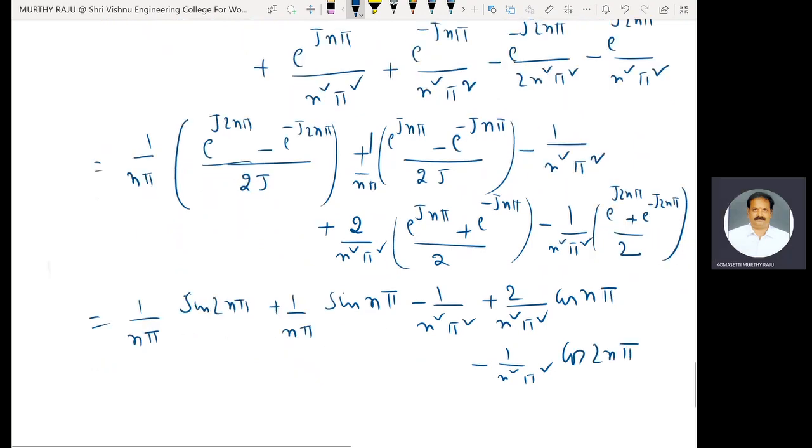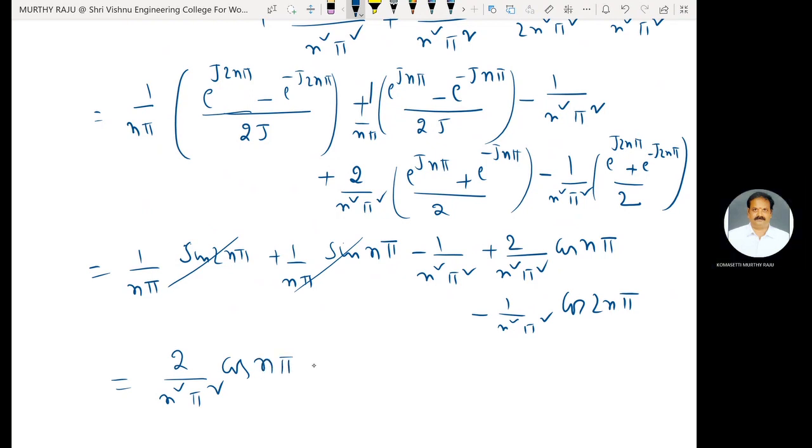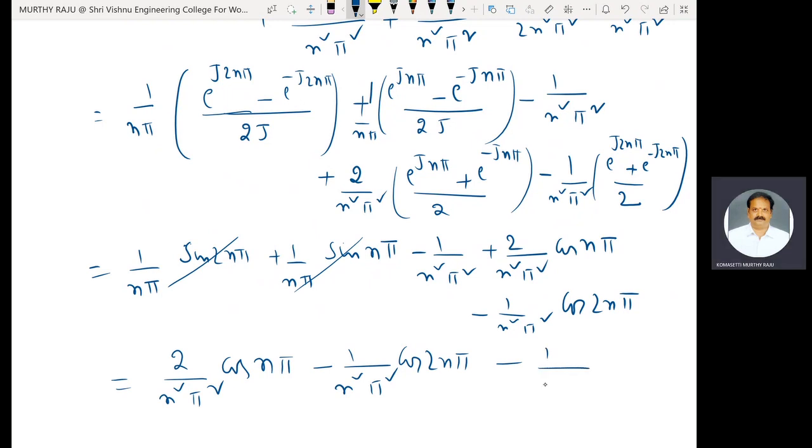Finally, these two are zeros: sin 2n pi is 0, sin n pi is 0, need not consider. Finally, 2 by n square pi square cos n pi minus 1 by n square pi square cos 2n pi minus 1 by n square pi square.